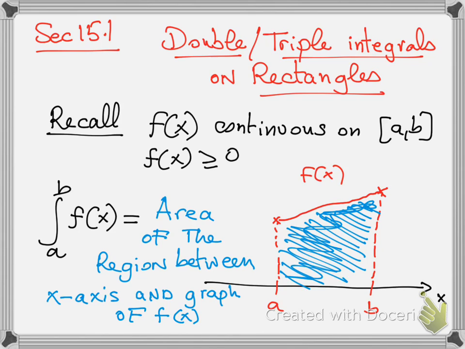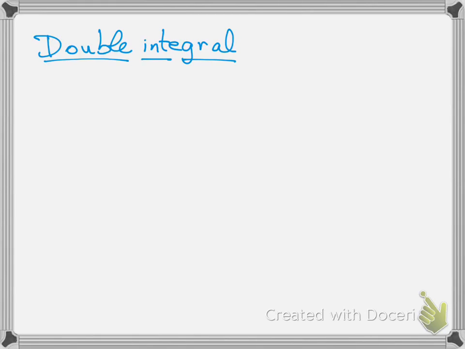Now let's move to the double integral. In the case of the double integral, we now have a function of two variables, let's say f of x, y. So that's your z, z is equal to f of x, y.